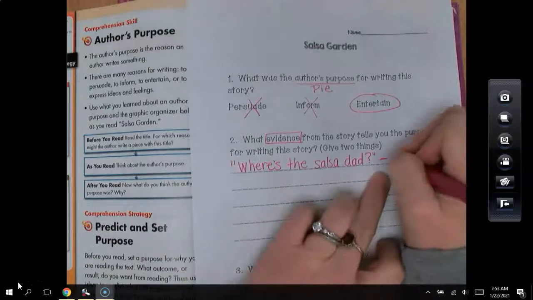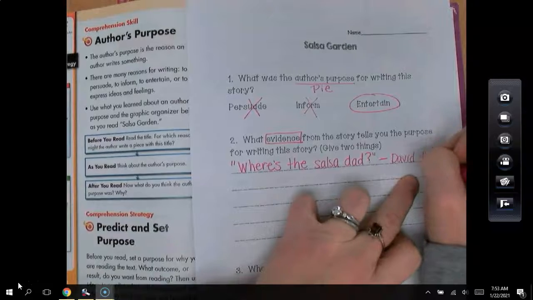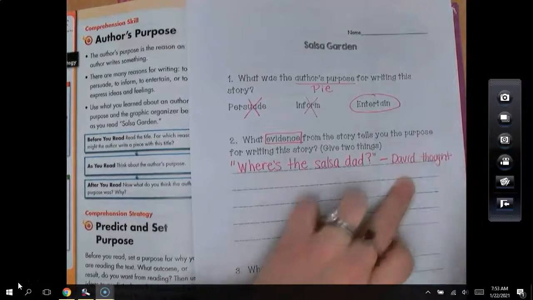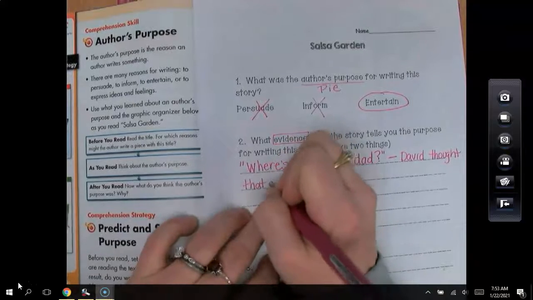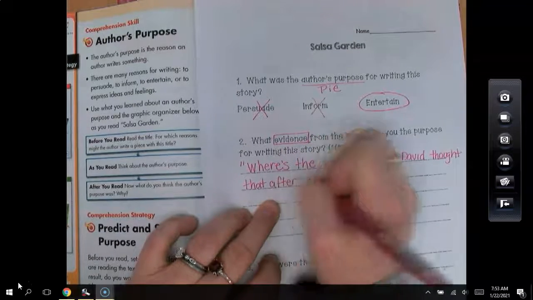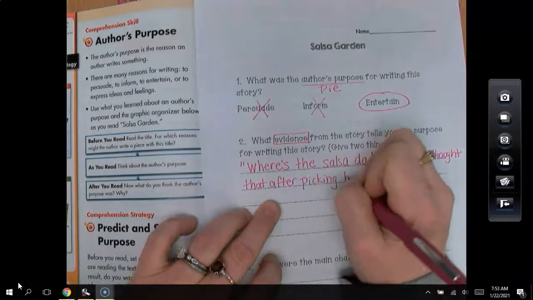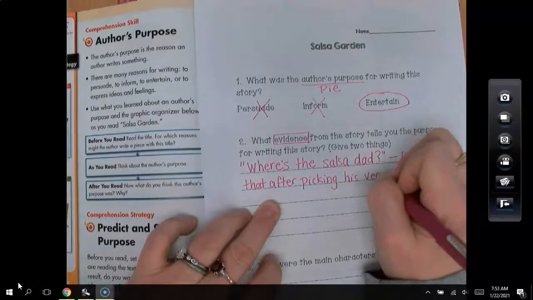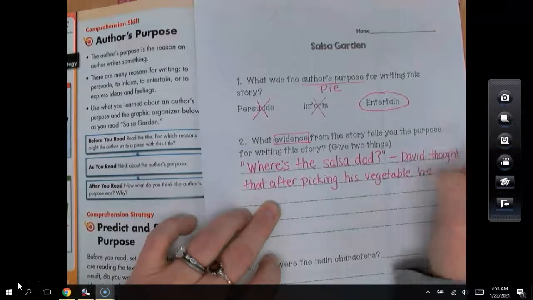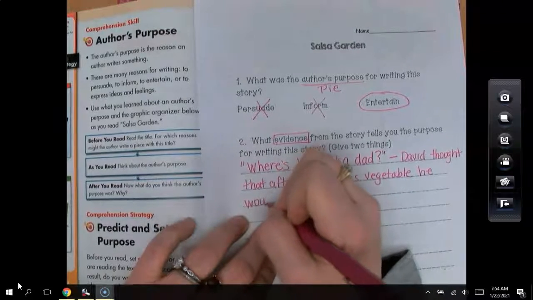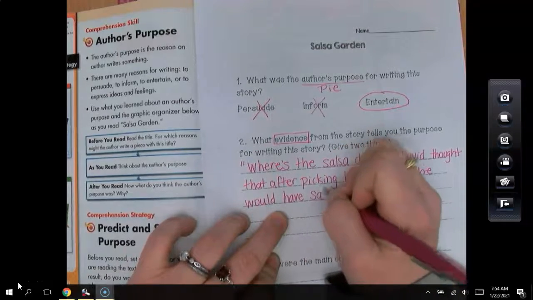And I can put David thought that after picking his vegetables, he would have salsa.